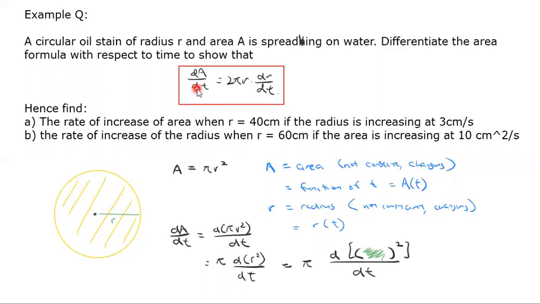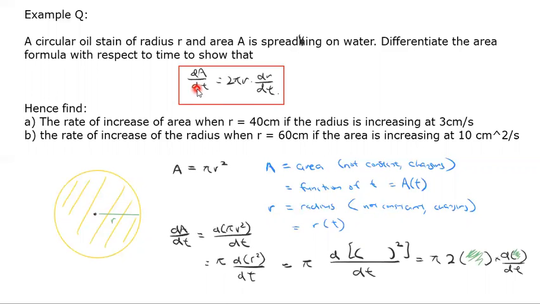And so we would therefore use the chain rule, right? That means it's pi times 2 times the green thing times the derivative of the green thing with respect to t. Does that make sense? Do you follow where the chain rule comes in here? Yes. Right. And this thing is just r.